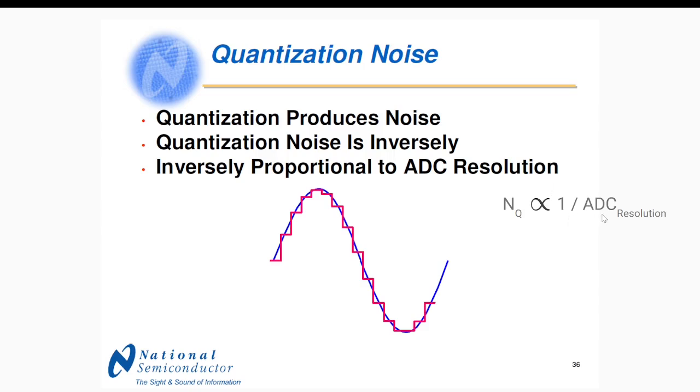What it means is that if the ADC resolution goes high, you increase the number of bits, the quantization noise will be smaller. If the number of bits is lesser, then you have more quantization noise. So they are both inversely proportional. Very important concept, and make sure that you understand it clearly.